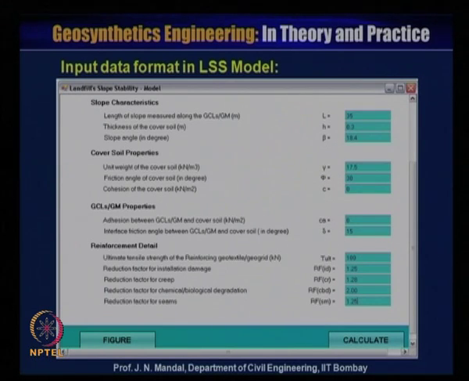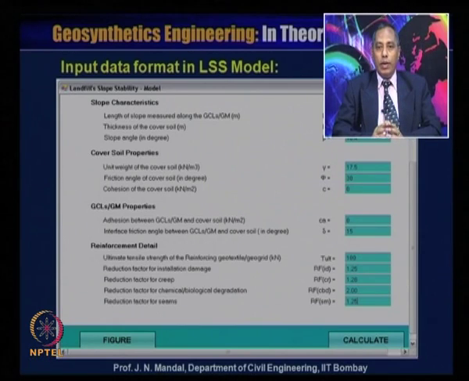Now, the cover soil properties: unit weight of the cover soil, that is γ, is equal to 17.5 kilonewton per meter cube, friction angle of cover soil φ is equal to 30 degrees, and cohesion of the cover soil is 0.